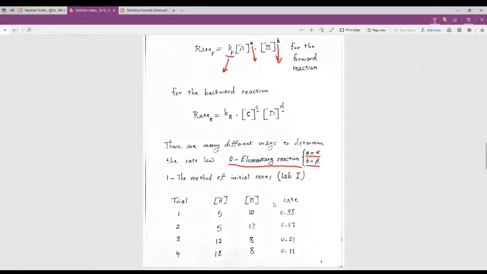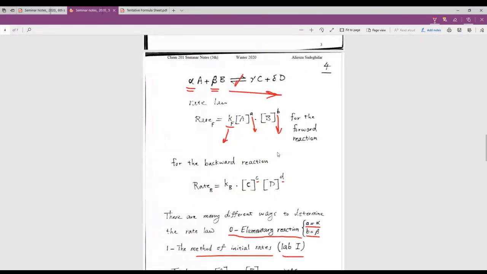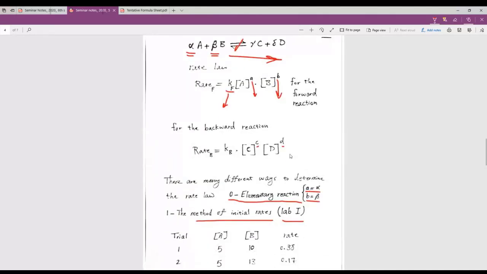But what if the reaction is not elementary? That's the question. There are many different methods. One of them, which we used in lab I, is called the method of initial rates. What is the process here?